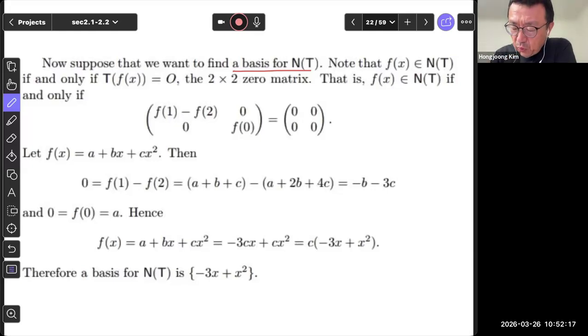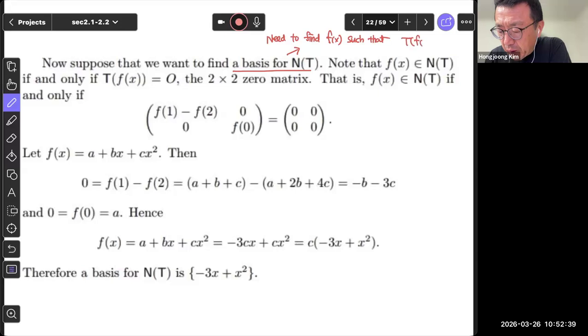So for this, we need to find some f of x in the domain such that f of x is mapped to 0. In other words, T of f of x is 0.